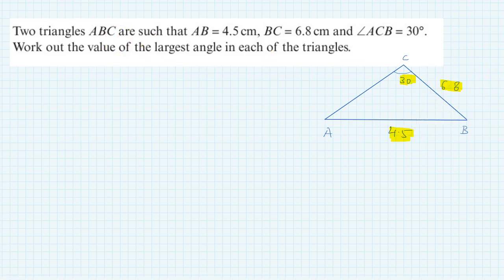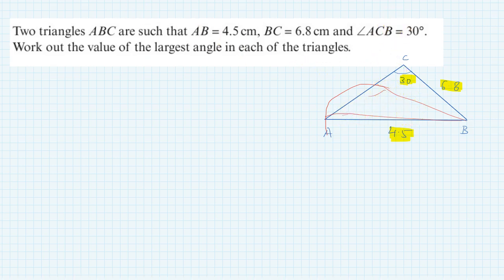Now this 4.5 line, if I draw an arc, that arc may be like this one. So it may be this or it may be this. So these are two cases.